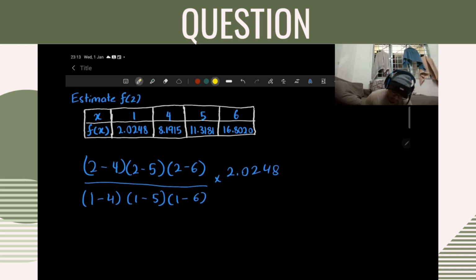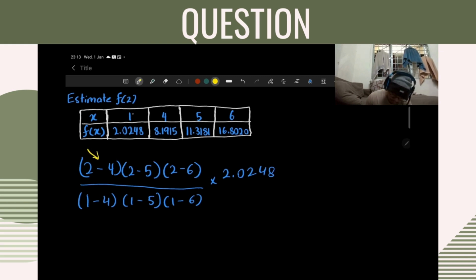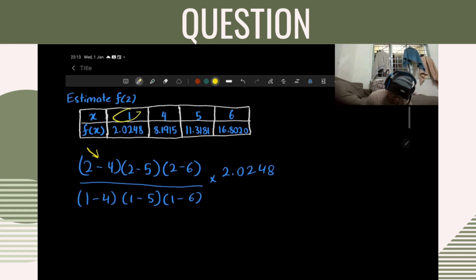So, the first part here, we are looking for this point here. So this is the x, this is the y. The point that we are looking for is number 1, x is equal to 2. So on the upper side, all you have to do is x minus all of these, except number 1.